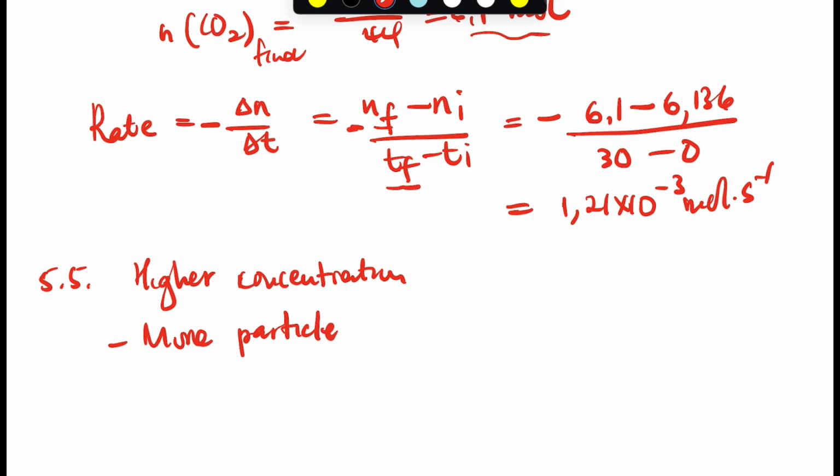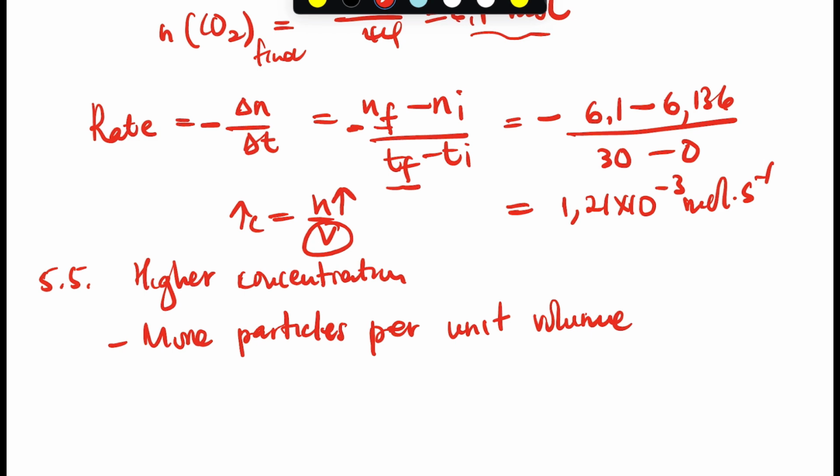When you increase the concentration, there are more particles. There will be more particles per unit volume. Guys, concentration formula C is equal to N over V. So if you increase the concentration, there will be more number of particles per unit volume, right?